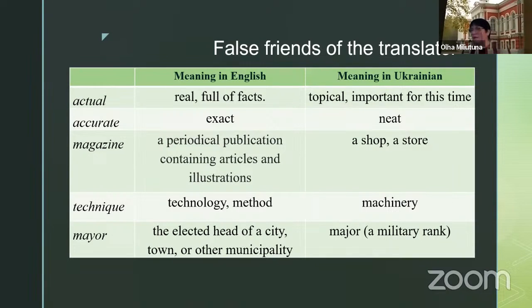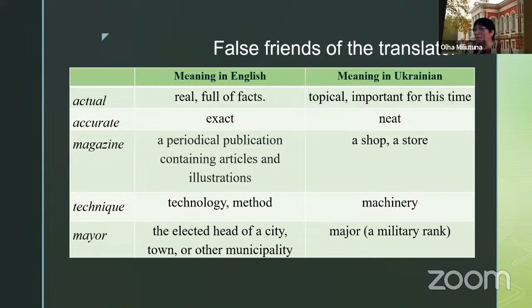You see, the word actual in English means real, full of facts, and in Ukrainian it means topical, important for this time. The word accurate means exact in English and neat in Ukrainian. Well, magazine is a periodical publication in English and a shop in Ukrainian.